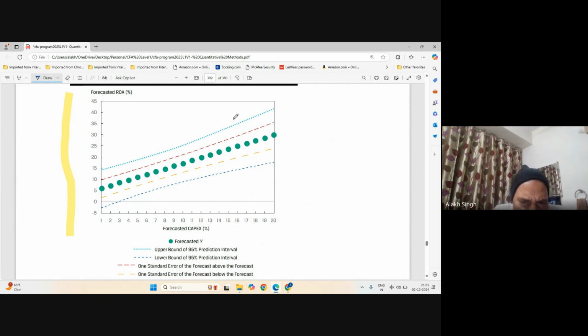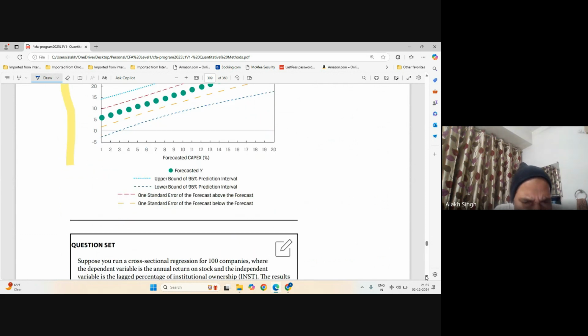If we go left or right of the mean, our interval will be wider. Same way for the lower bound of the 95% prediction. This is our actual predicted value, the green one. This one is one standard error above the mean, and this one is one standard error below the mean.